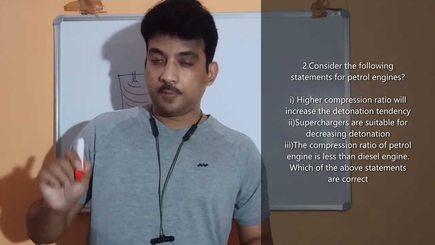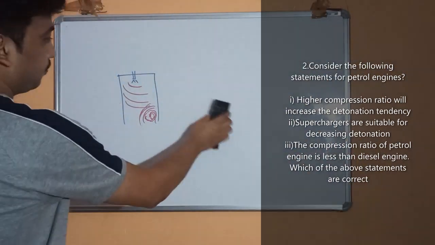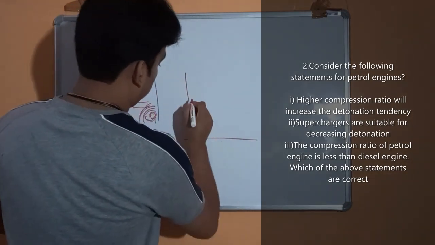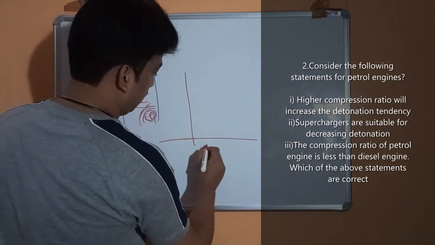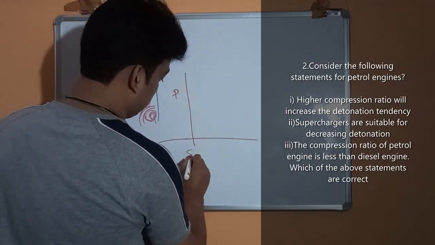Then there is a difference between knocking in an SI engine and a diesel engine. Suppose this is your TDC-BDC diagram, with pressure and stroke length.